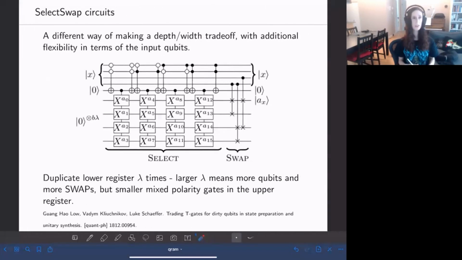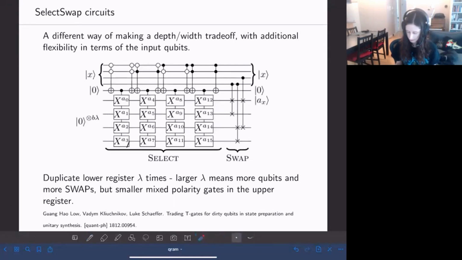But there was some really interesting other work that came out that did a similar thing and looked for this trade-off that you can make. And theirs worked very, very well. This is called a select-swap circuit. Loosely, what it does is that you can trade off space for time by making multiple copies of the target register and then writing the memory contents to them.